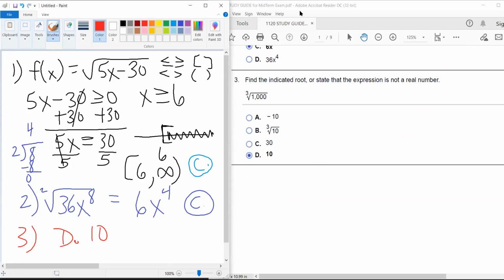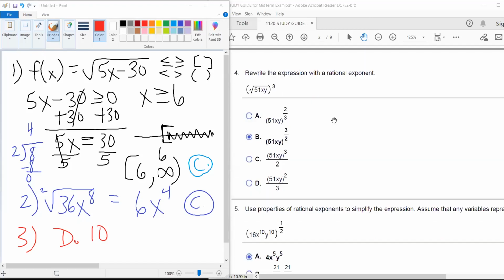Are there any questions about the first 3 problems? Okay. Question 4 is pretty easy also.